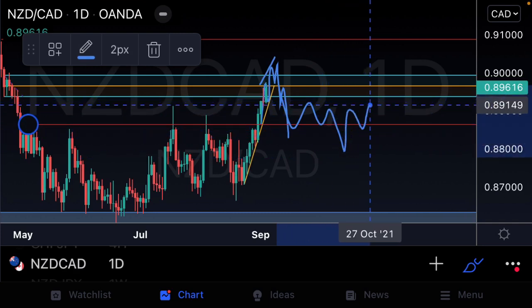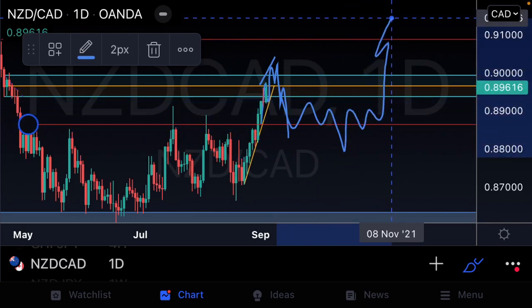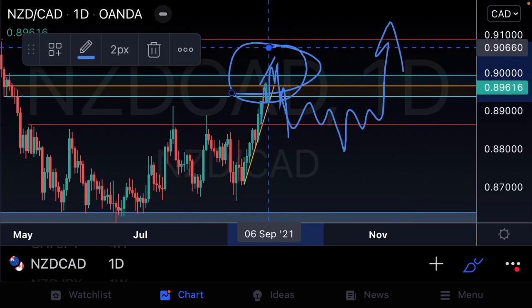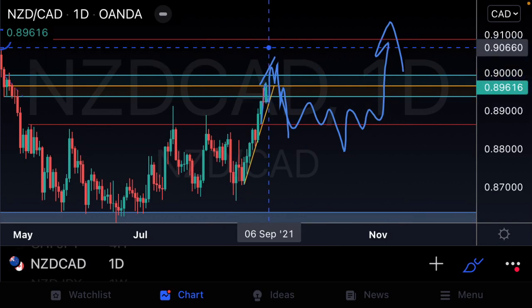So guys, we do still also have a nice potential bullish bias on New Zealand dollar CAD, but right now, because price is super impulsive to the upside and we're at those resistance areas, it makes more sense for us to be bearish bias than bullish bias at this point in time.